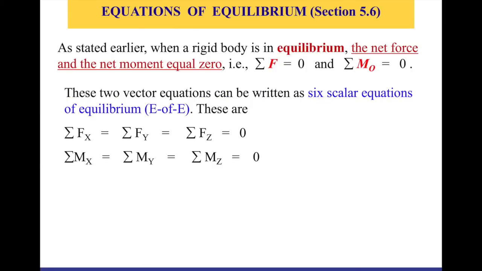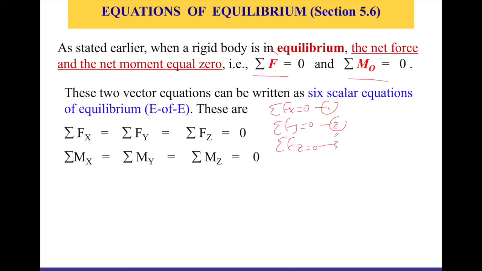scalar equations of equilibrium. The summation of forces in the x-axis equals 0. That's 1. The summation of forces in the y-axis equals 0. That's 2. And the summation of forces in the z-axis equals 0.